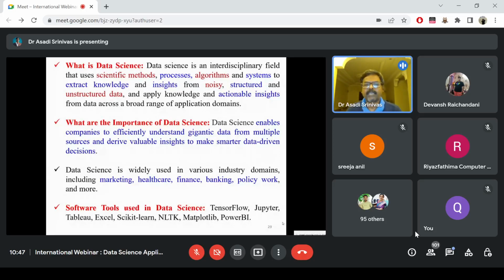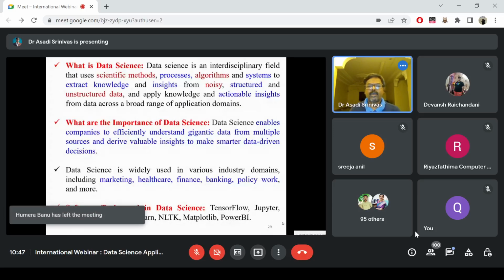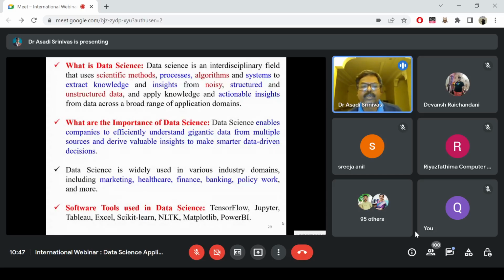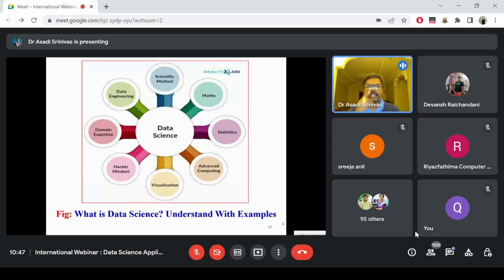Data science can be used in various domains like marketing, healthcare, finance, banking, and many more. What are the tools we are using? TensorFlow, Jupyter, Tableau, Scikit-learn, NLTK (Natural Language Toolkit), Matplotlib, Power BI, etc.